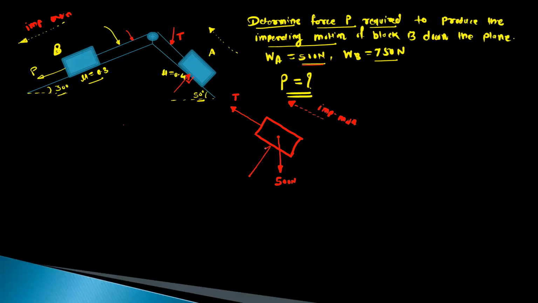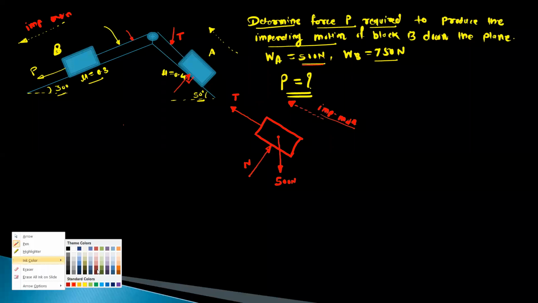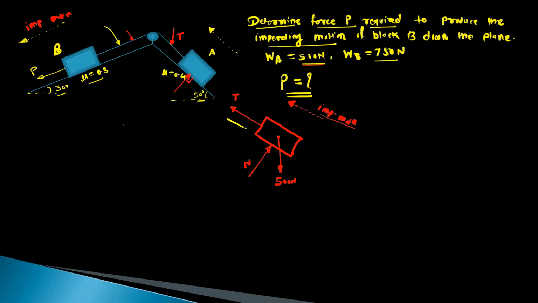As the impending motion is up the plane, the frictional force will be exactly opposite to the impending motion. This is the frictional force, and this force is F max. There is no other force.